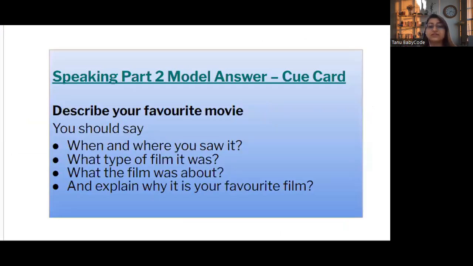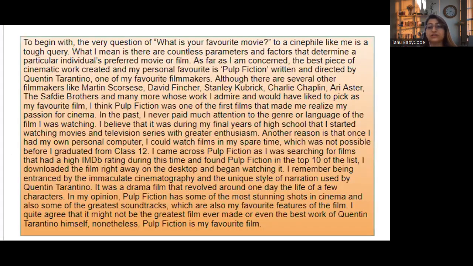Now let's look at a cue card topic and how this cue card topic has different connectors. Describe your favorite movie, when and where you saw it, what type of film it was, what the film was about, and explain why it is your favorite film. So you can see the model answer here, but apart from seeing the model answer, I would suggest you focus on the linking words used here.